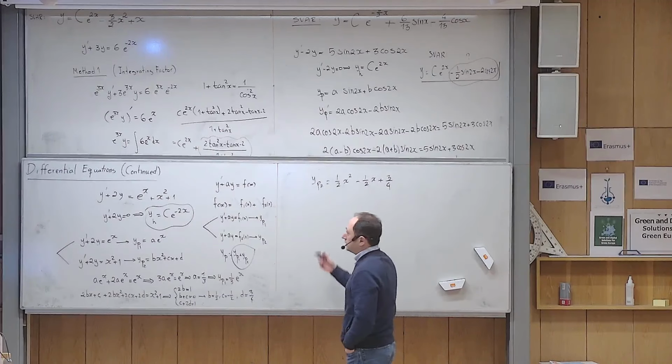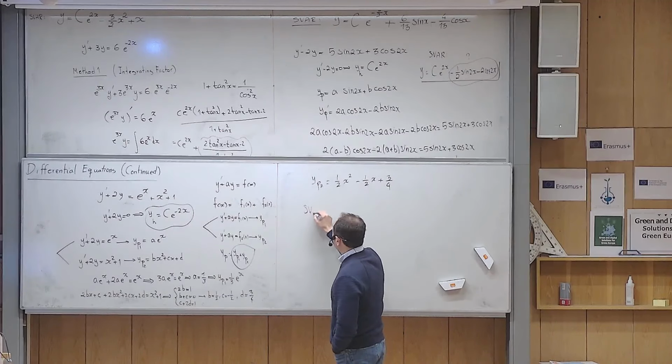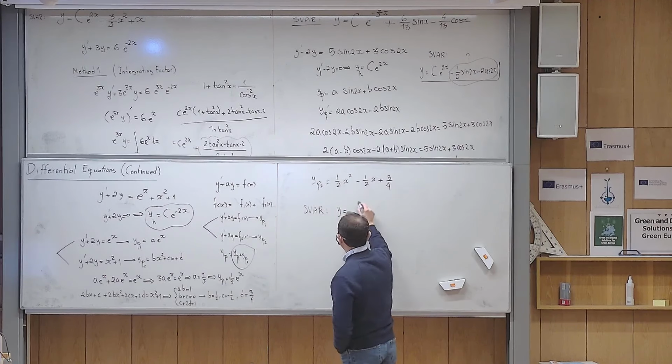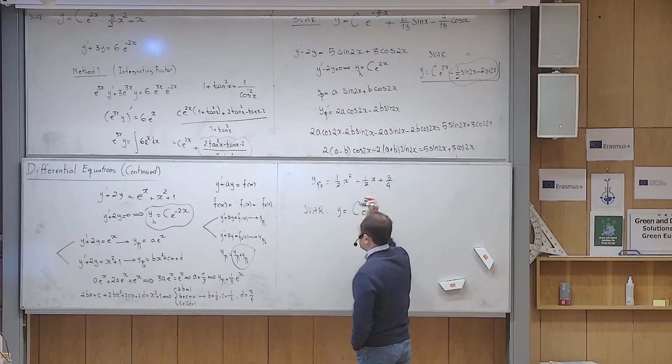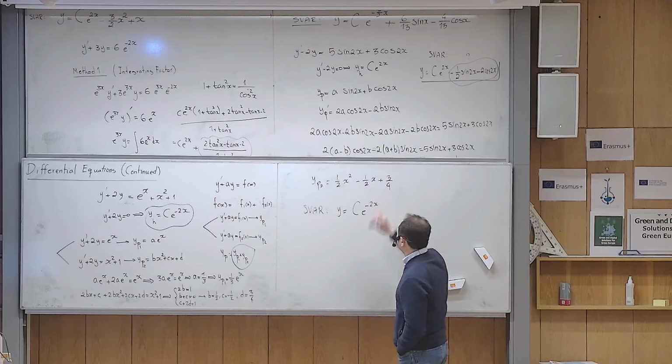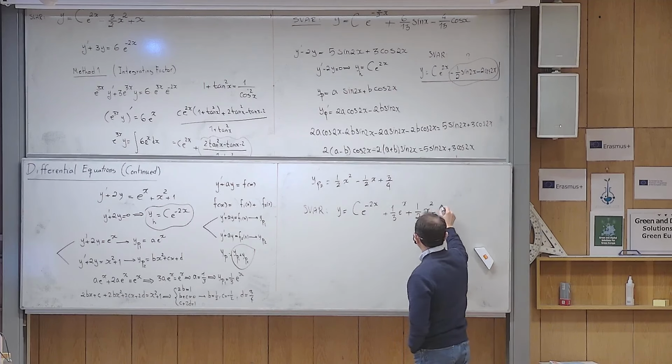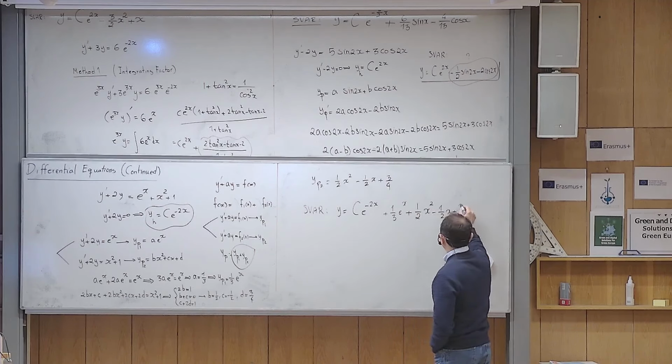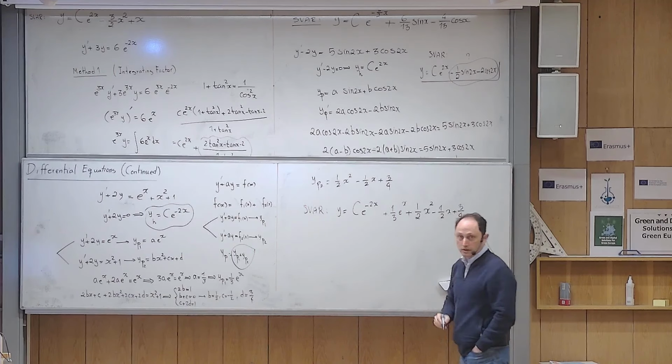Now finally, your final answer will be what? y equals the homogeneous part plus this particular solution plus that particular solution. So it becomes plus 1/3 e to the power x plus 1/2 x squared minus 1/2 x plus 3/4. That will be the general solution.